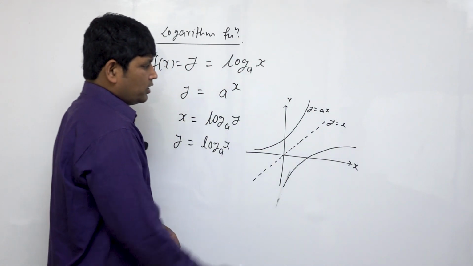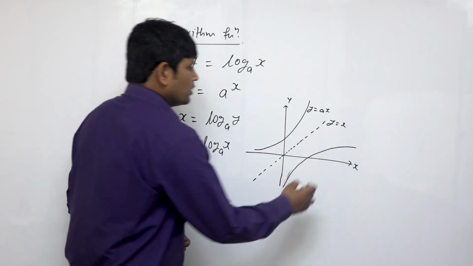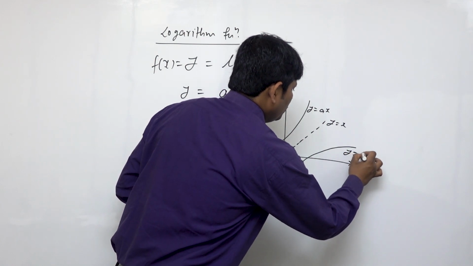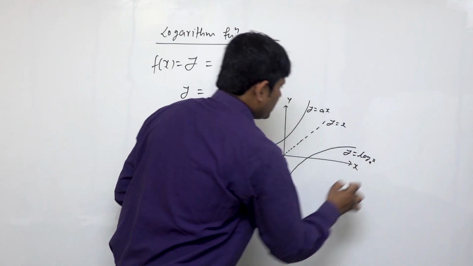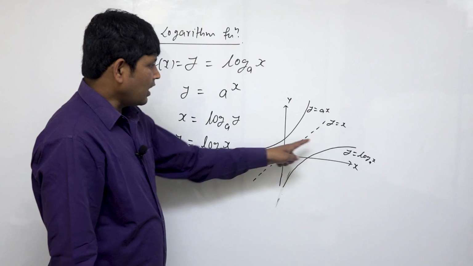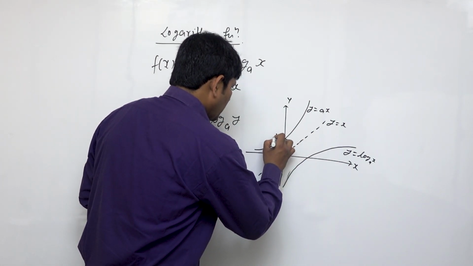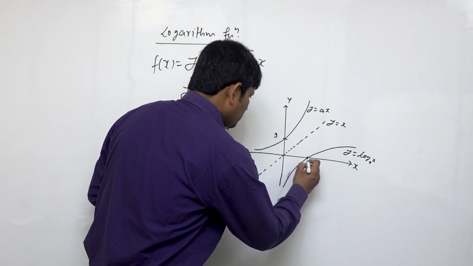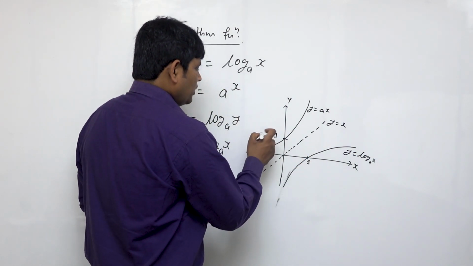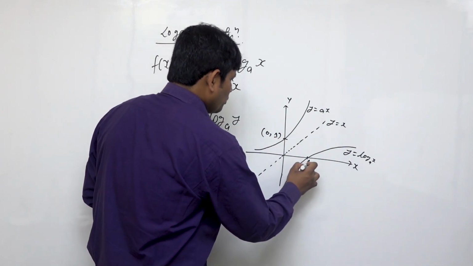This is called the logarithm function, y is equal to log of x to the base a. This is the graph of the logarithm function. It crosses through 1, this is 1, 0.